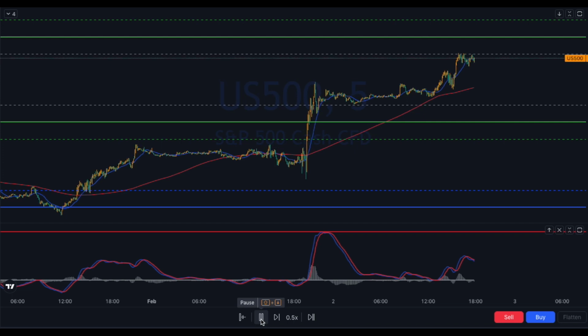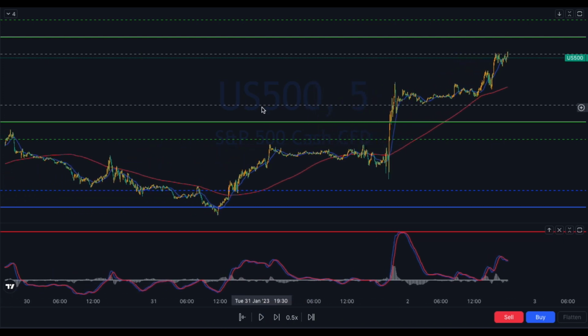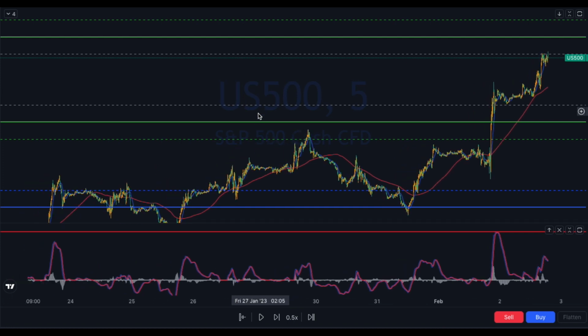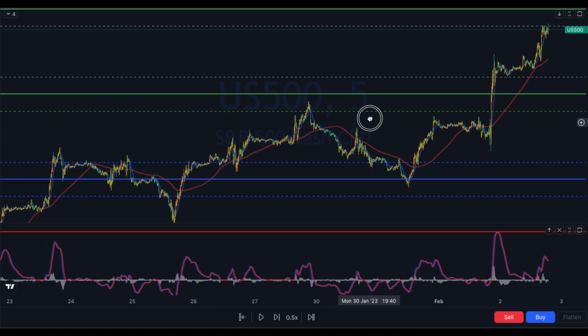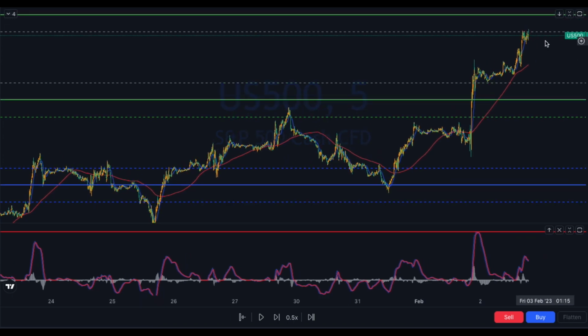Okay, so we're in the game now. Let me just have a quick look to see exactly what's going on in this space over here. We have quite a clear uptrend. Market is going up this way.